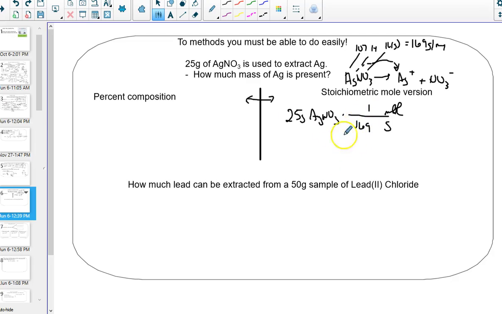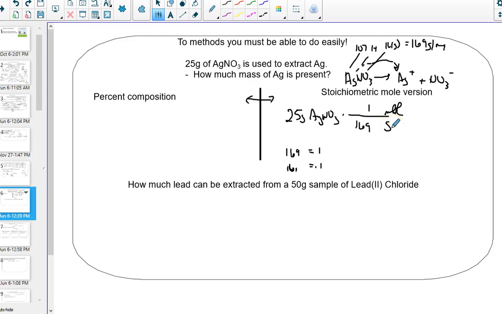Now keep in mind, do we have more or less than 1 mole? We have less. 1 mole equals 169 grams. What about a tenth of a mole? Well, a tenth of a mole is 16 grams, and we have more than that. So we should expect a number a little bit bigger than a tenth of a mole.